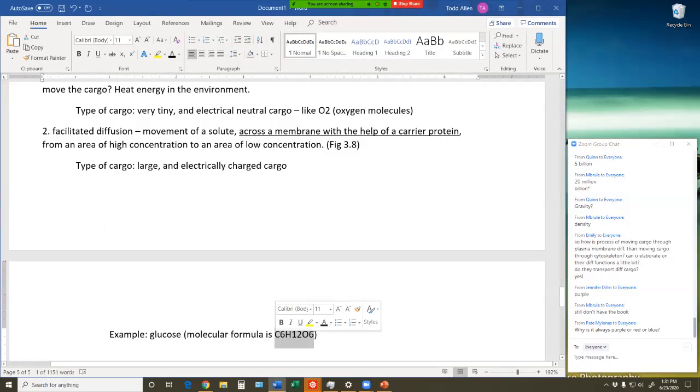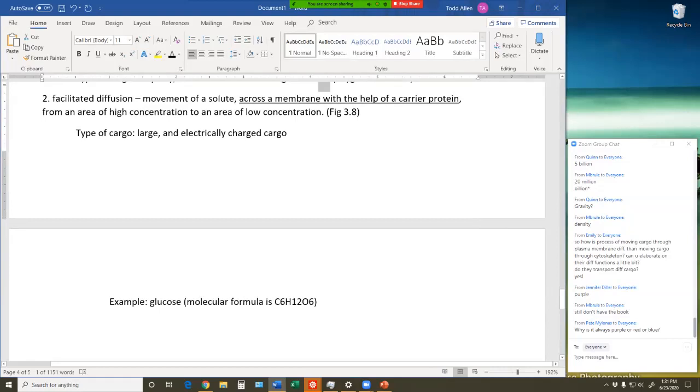So there are 24 atoms in glucose, but breathable oxygen only has 2 atoms of oxygen. So that means glucose is a physically larger molecule, okay? And so you need special carrier proteins to safely get these large molecules through the plasma membrane.